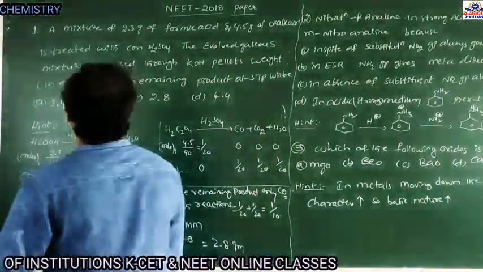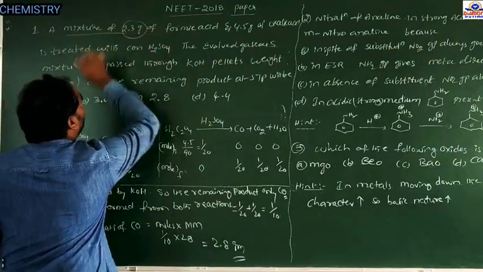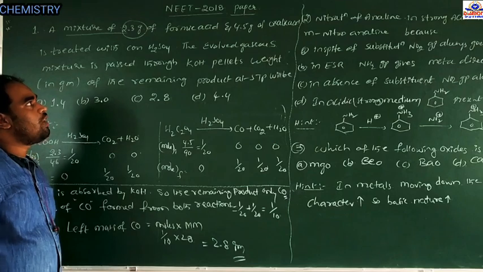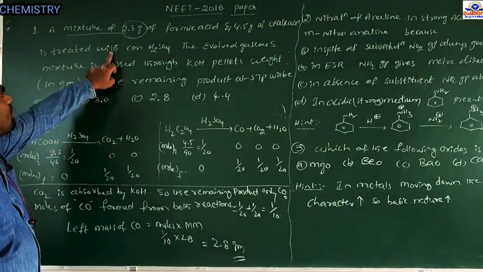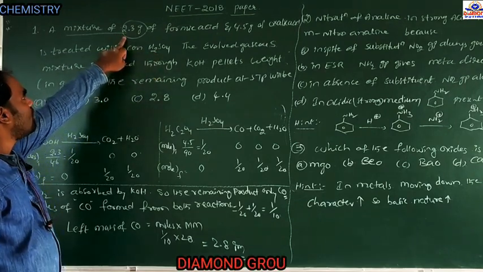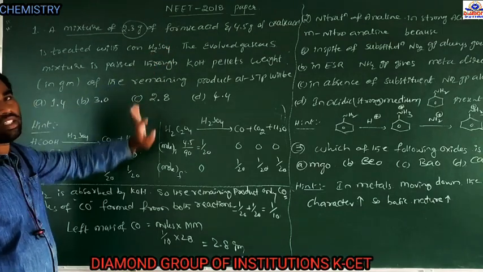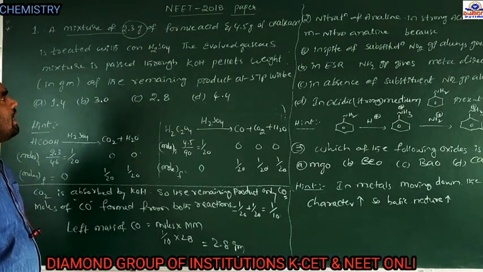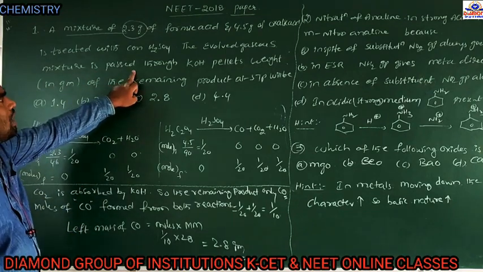So here, first one: a mixture of 2.3 grams of formic acid and 4.5 grams of oxalic acid is treated with concentrated H2SO4. Then the evolved gaseous mixture is passed through KOH.